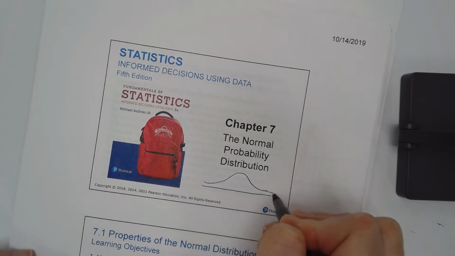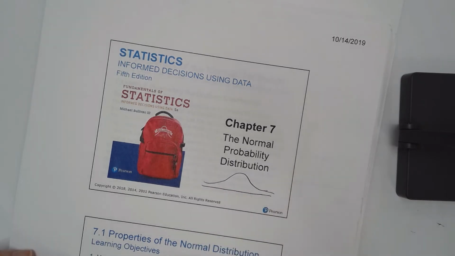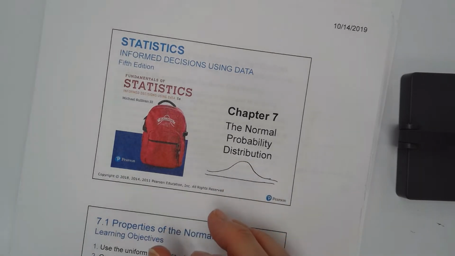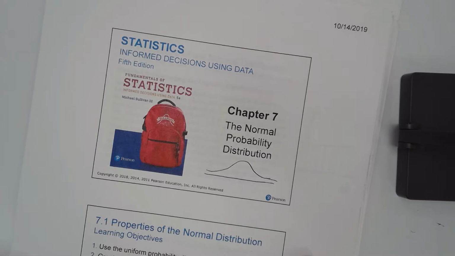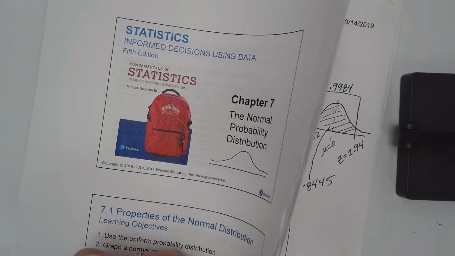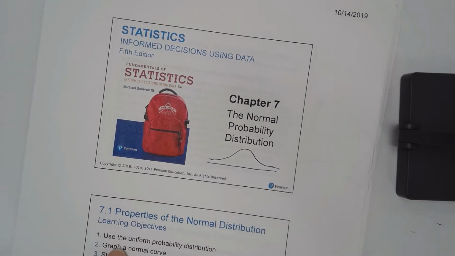So we've been looking at normal curves all semester, so a lot of this will seem familiar. Some of the things that seemed really hard at the beginning of the semester are going to be so much easier because we've been repeating that information over and over and using it all semester. Okay?